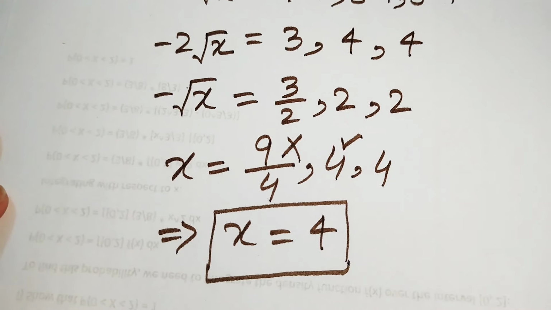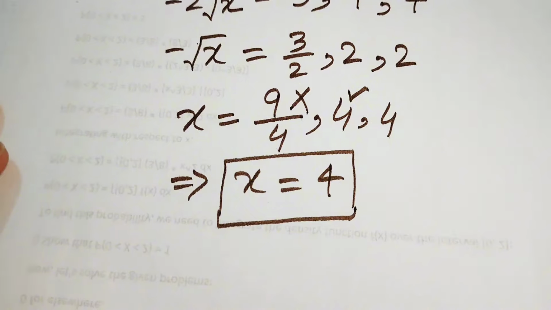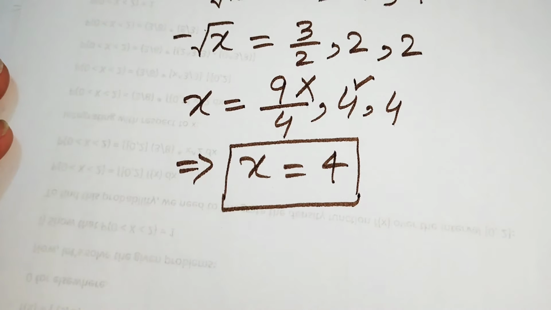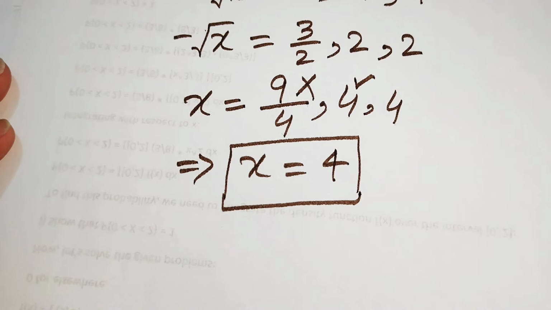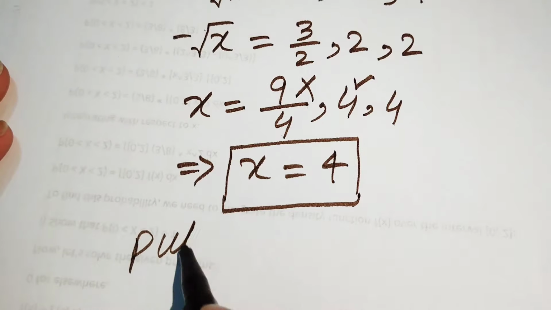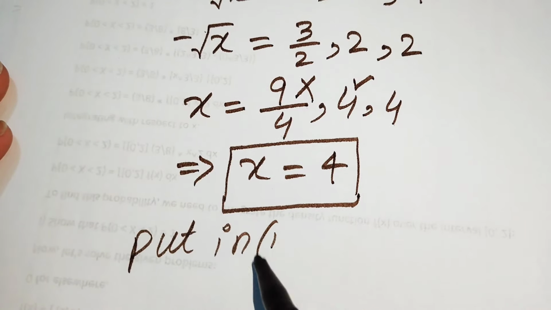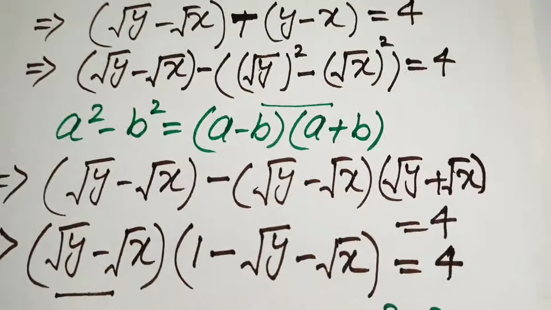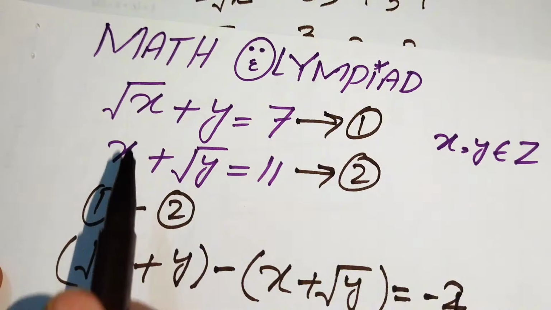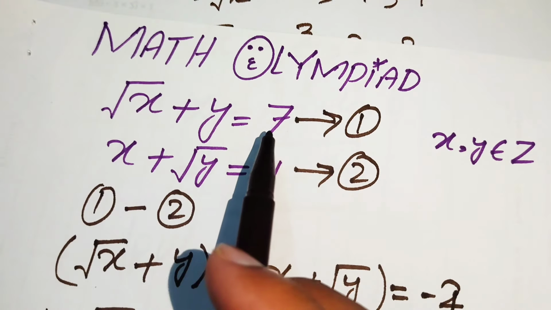Now we substitute this value of x in equation number 1, and we easily get the value of y. You see our equation number 1 is square root of x plus y equals 7.